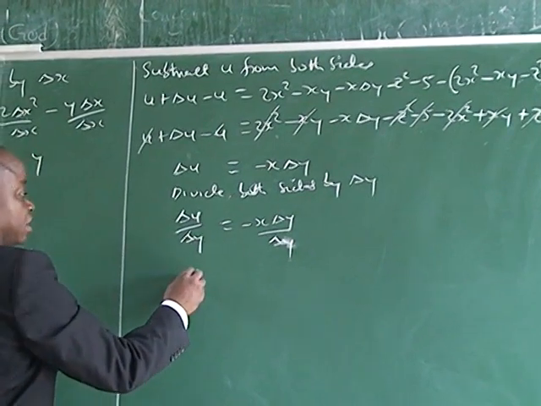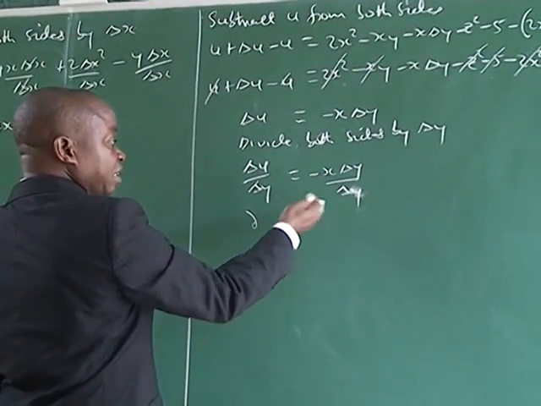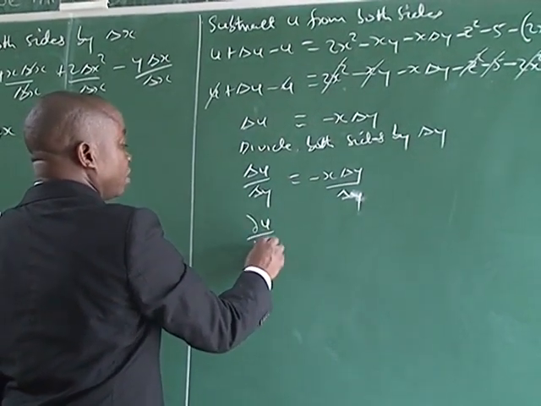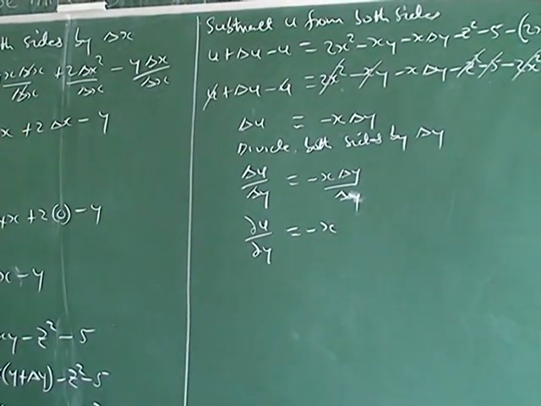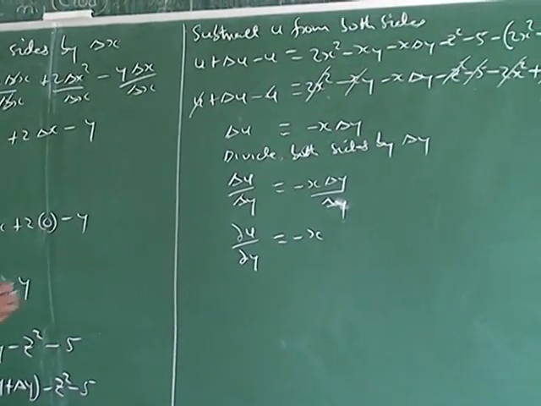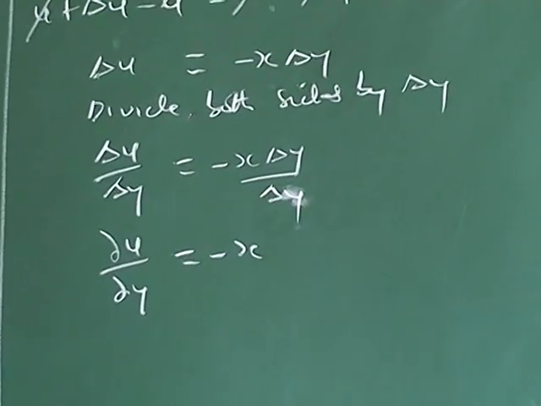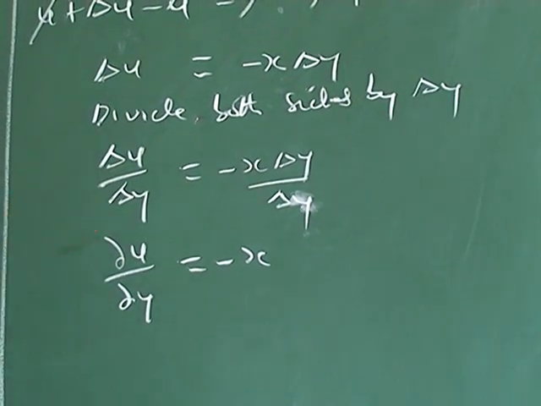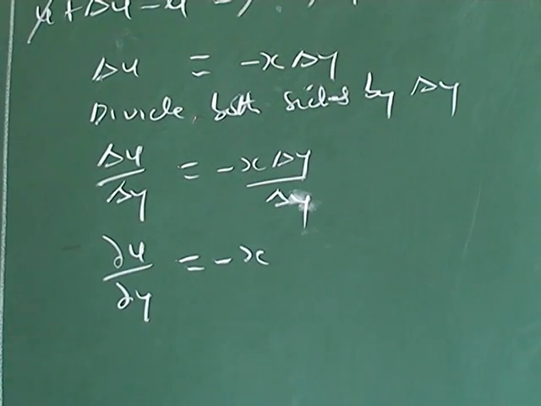So by now taking limits, we have partial u, partial y is equal minus x. So that is what we have. We have minus x after taking limits of this function as change in y approaches 0.